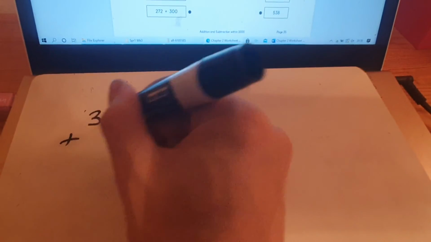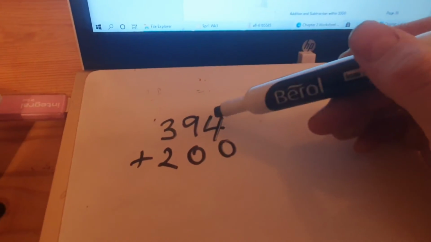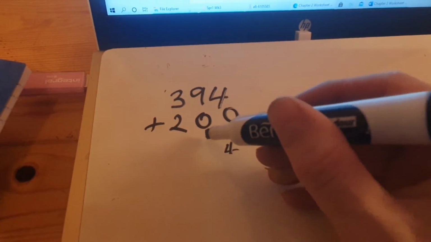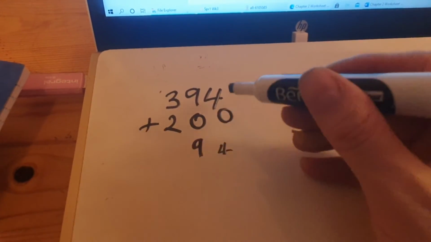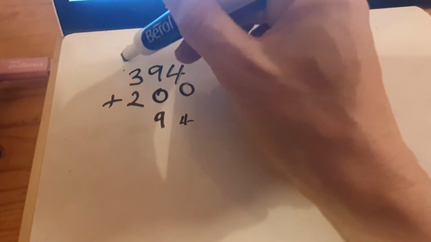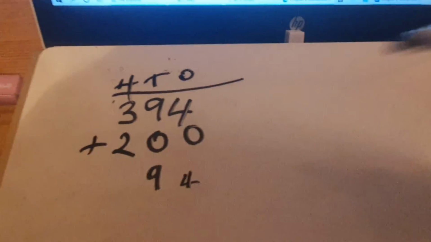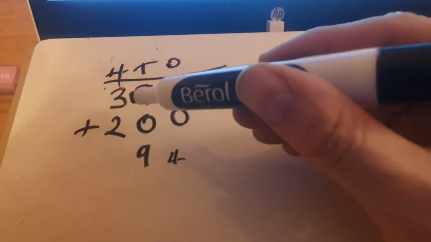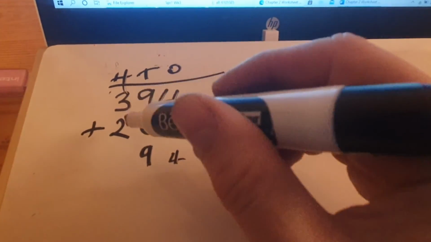Add 200. And what you can see, what I'm doing is, I don't need to change my 4. I don't need to change my 9, so my 1s, my 10s. Let me just put the place values on. That helps. So 4 add nothing is 4, 9 add nothing is 9, and 3 add 2 is 5.